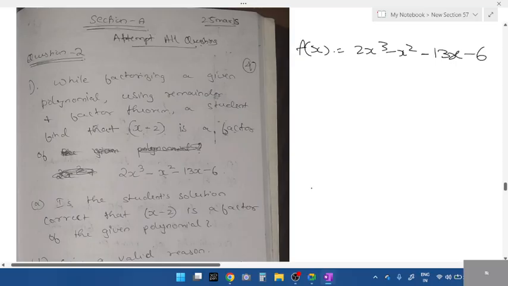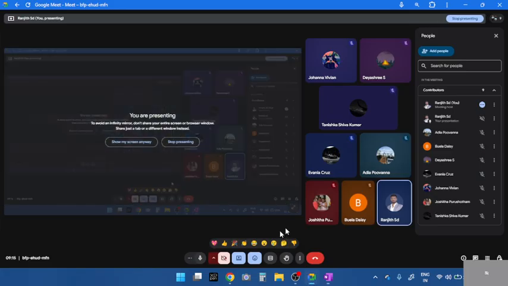Tomorrow is your exam. If you want to answer, you can stay online. Why have you sent only two mains, 2.5 mains? Only two mains and one question. What about the remaining section A?